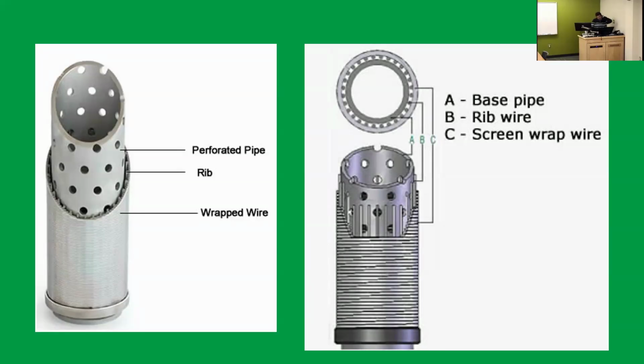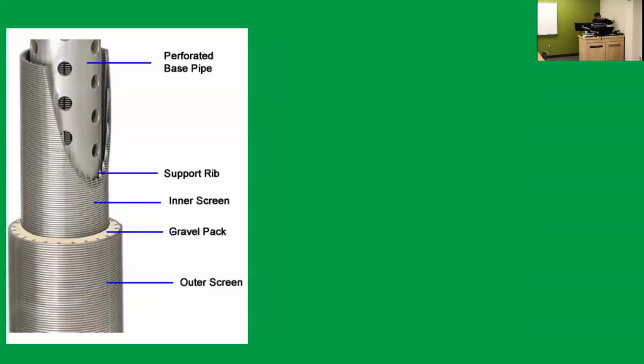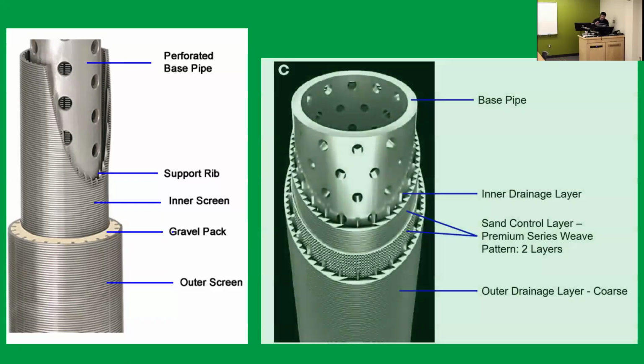Rib, wire, screen wrap wire. Perforated base pipe, inner screen, support rib, gravel pack, outer screen, inner screen, etc., etc.